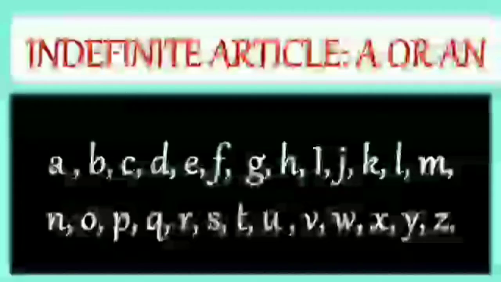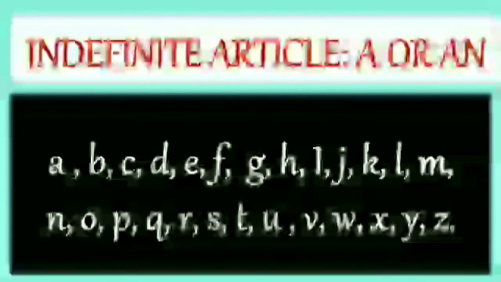There are a total of 26 letters in the English alphabet. Out of these, 5 letters, that are A, E, I, O, U, are called vowels. So when a word starts with a vowel, or more specifically with a vowel sound, we use an before such words. Now let's have a look at my list.